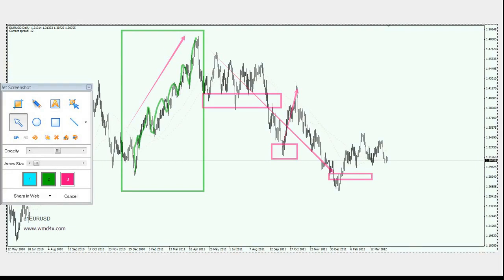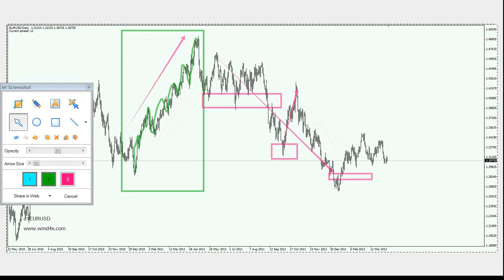Not only could we have identified it, but actually we did identify them, right? And we took a lot of trades on the euro last year, and pretty much every single trade was a huge winner for us.